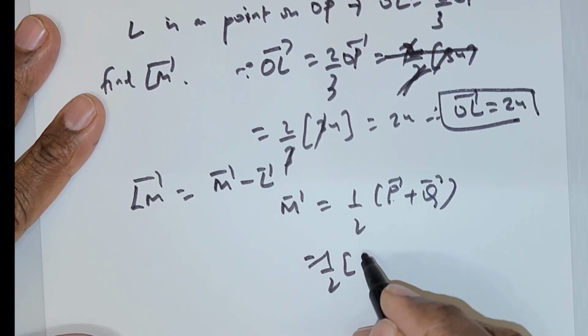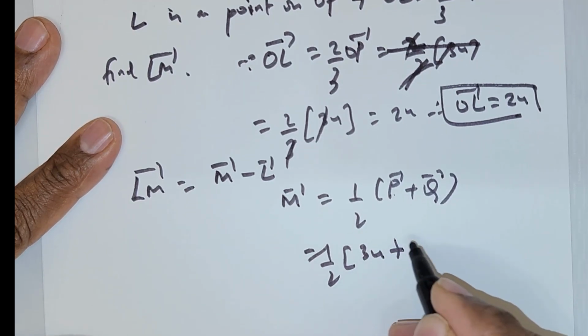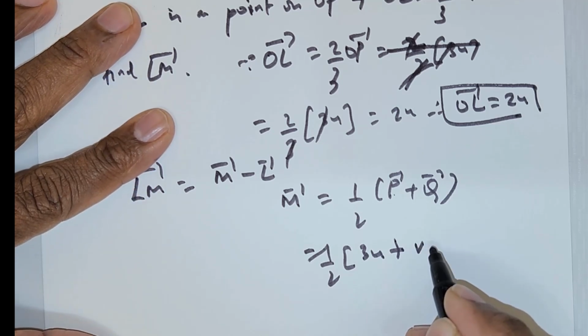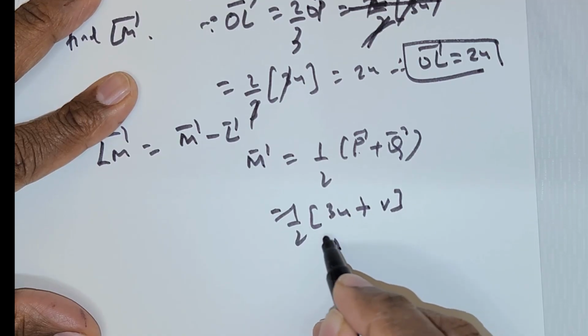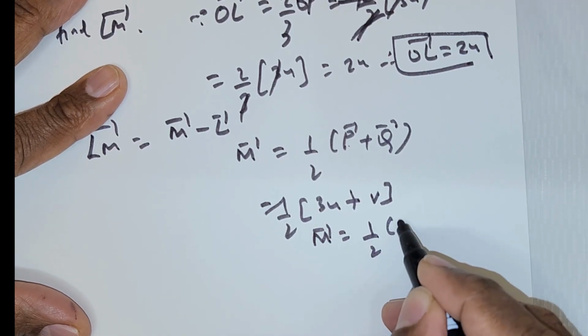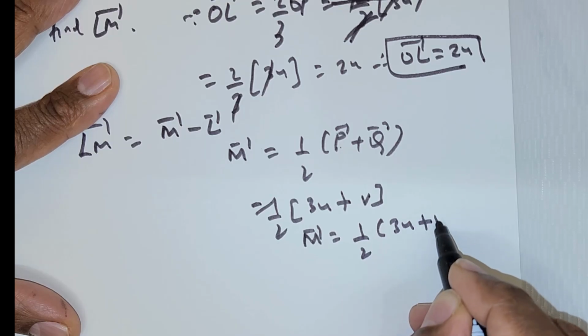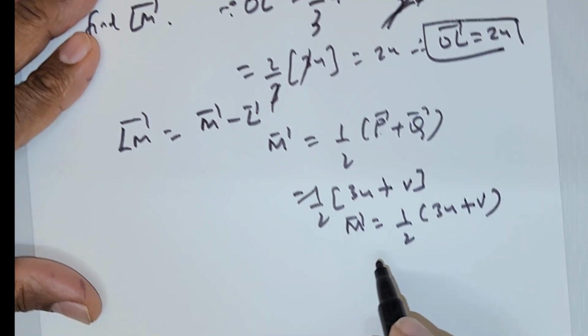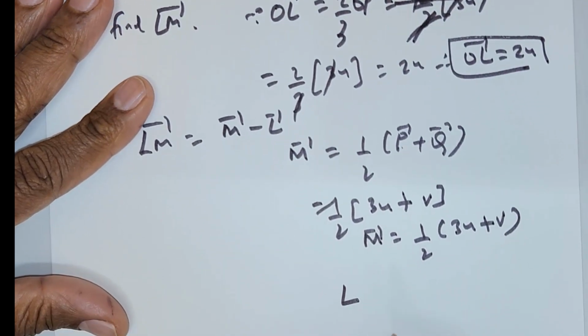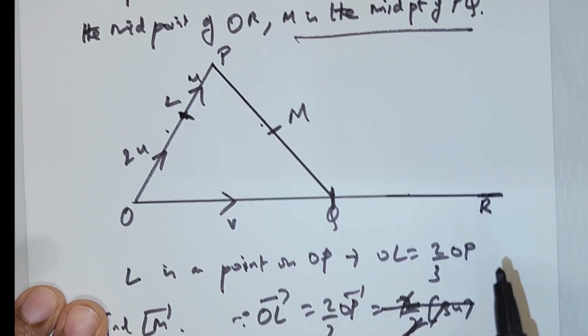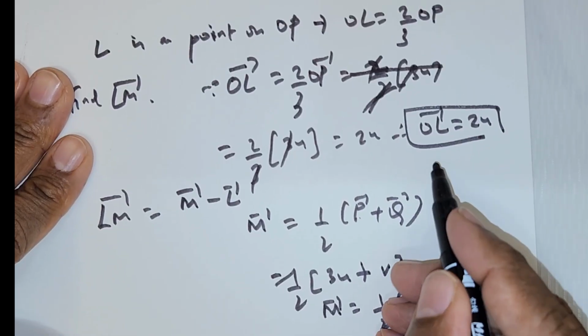But P vector is 3 times U, and Q vector is V. So M vector is 1 over 2 times of 3 times U plus V. And L vector, we have L vector to be 2 times U. Right, we just found that.